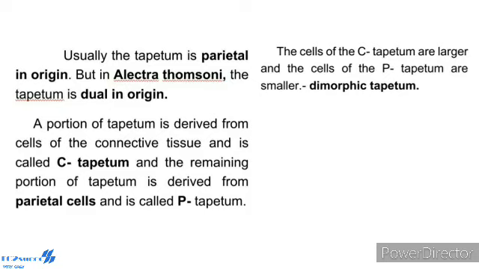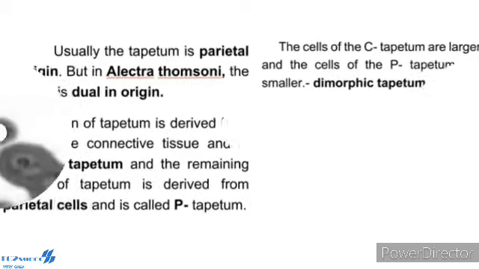Thus, there are two types of tapetum, namely C tapetum and P tapetum. The cells of the C tapetum are larger and the cells of the P tapetum are smaller. Thus, the tapetum with two different types of cells is called dimorphic tapetum.